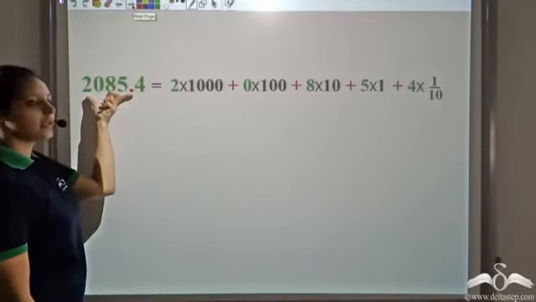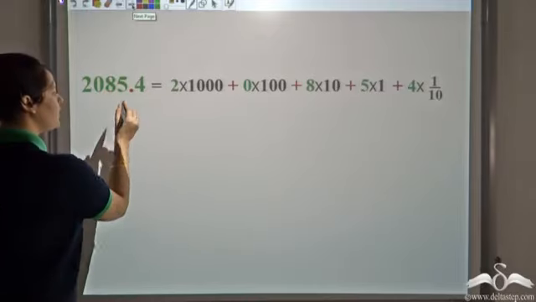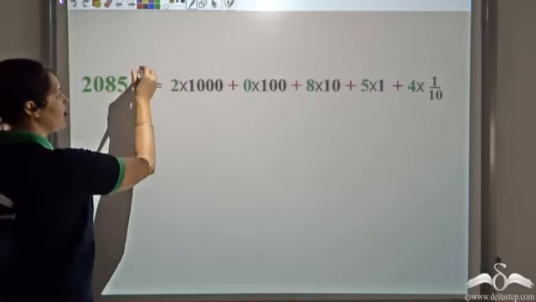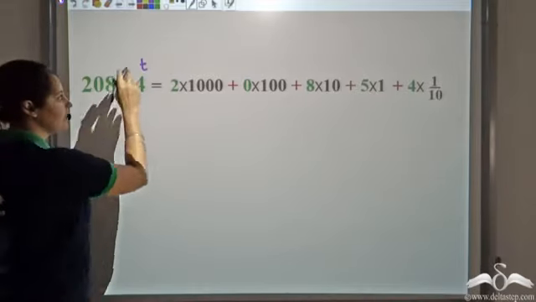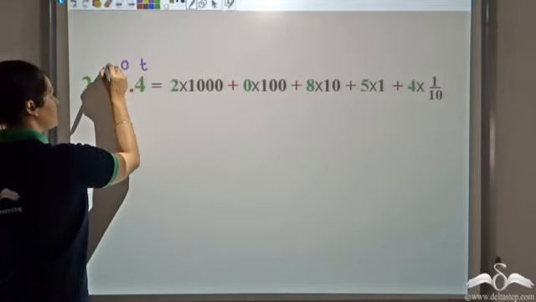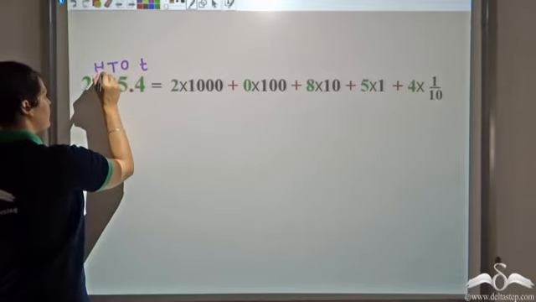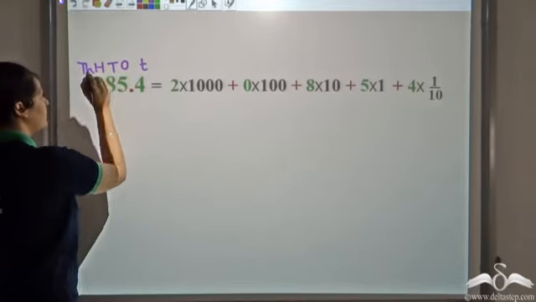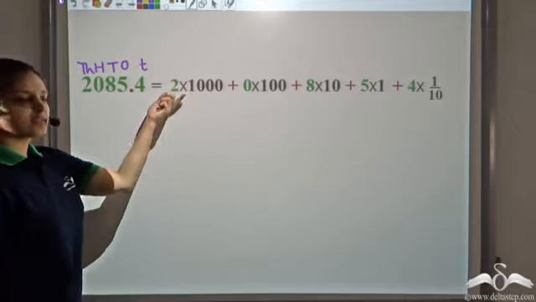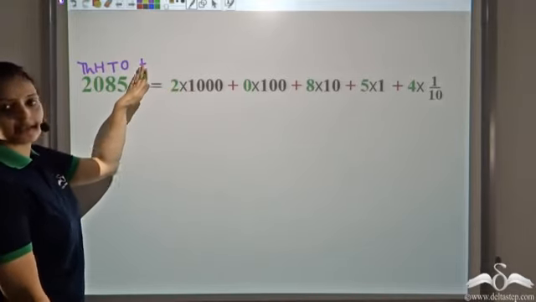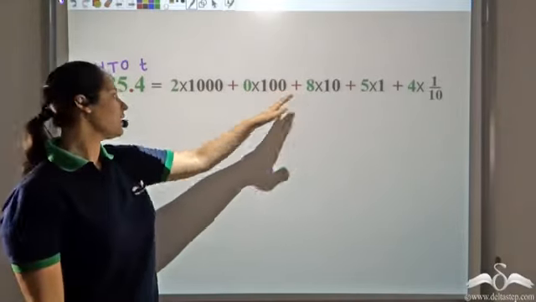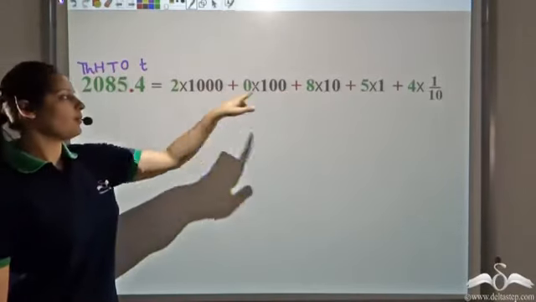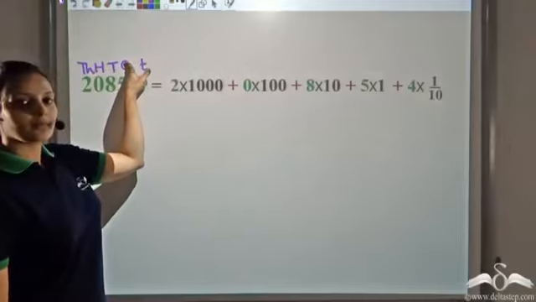Let's look at 2085.4. Now as soon as I have a decimal point, I can say that the column right next to the decimal is tenths. This is ones, tens, hundreds, thousands. Till 2085 it is the same, which is 2 times 1000 plus 0 times 100 plus 8 times 10 plus 5 times 1.